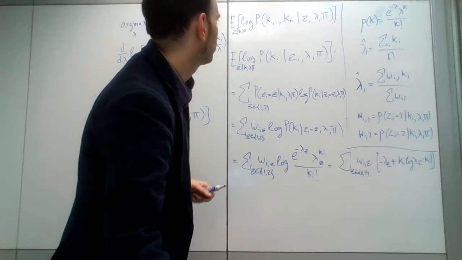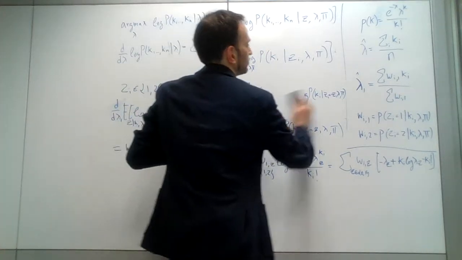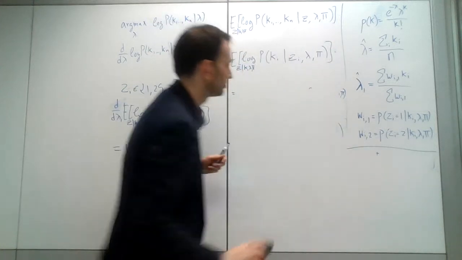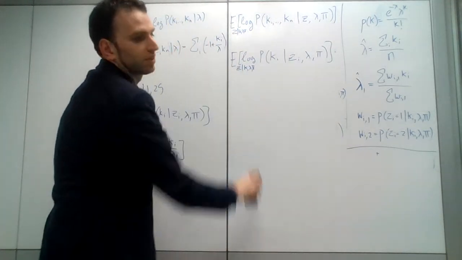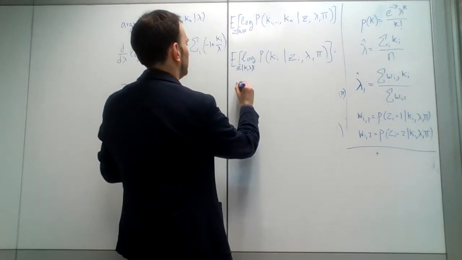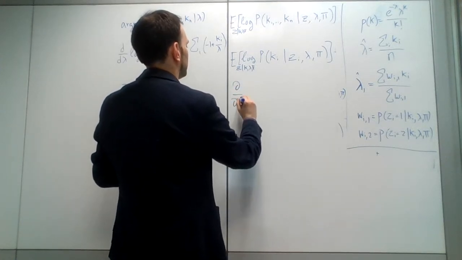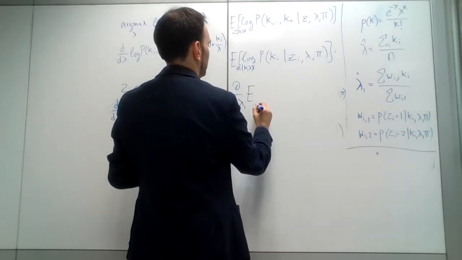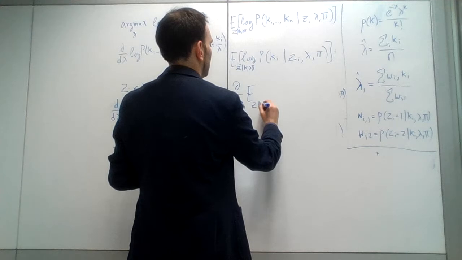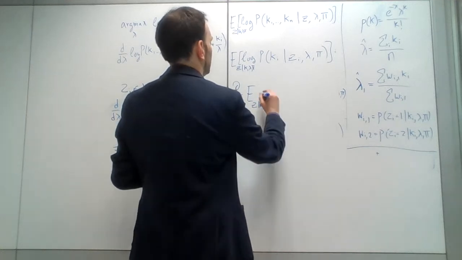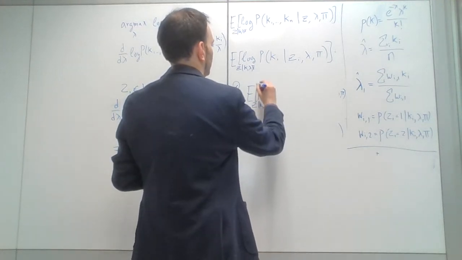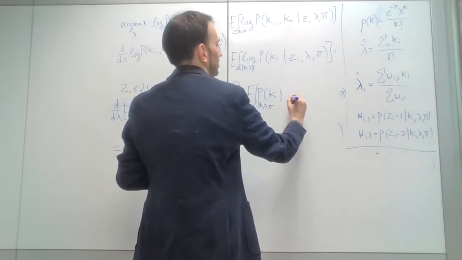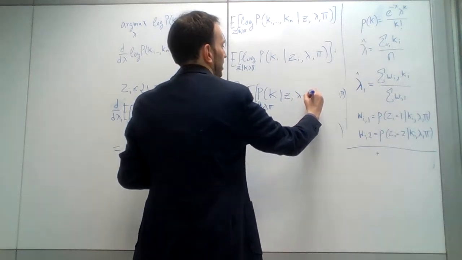So let's just write the derivative of d by d lambda 1, and you do lambda 2 the same way, of E with respect to z, k, lambda, pi of p, and here I'll just write k and mean k1 through kn, given the z, the lambda, and the pi.